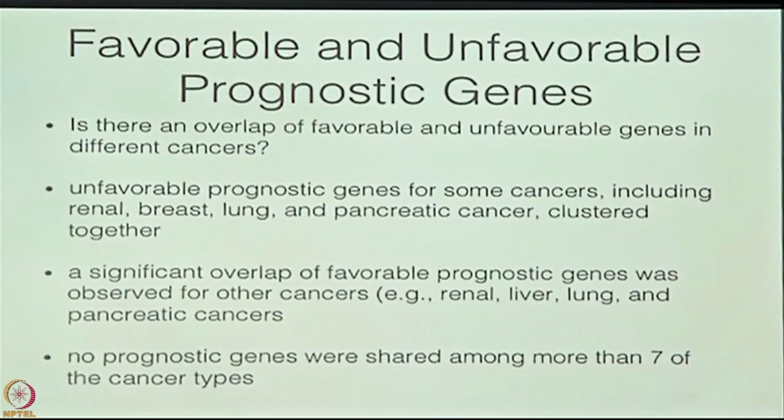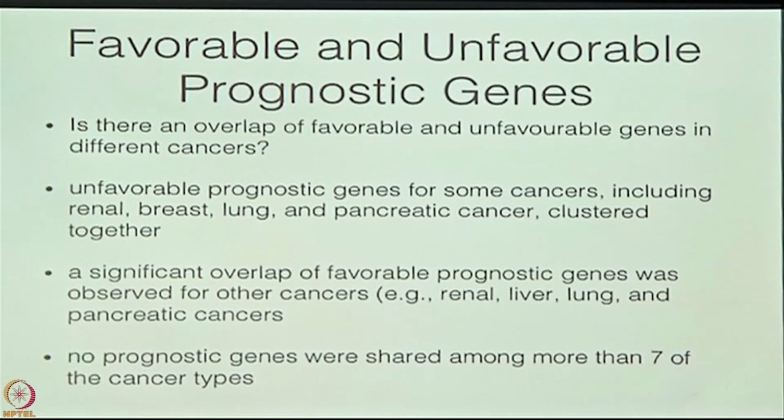Now, in favorable and unfavorable genes, did we find the same favorable genes in more than one cancer and unfavorable genes in more than one cancer? Yes, there's a big overlap. Some unfavorable genes for cancers like lung cancer and pancreatic cancer clustered together.